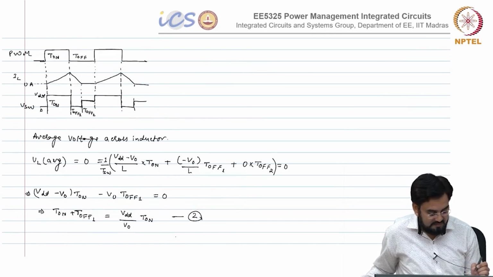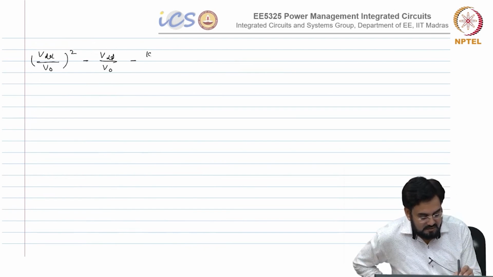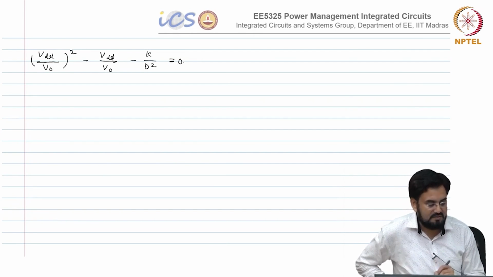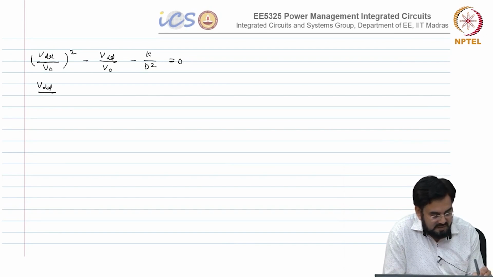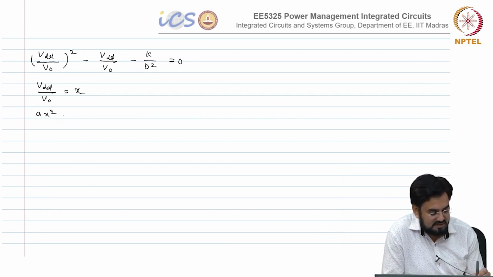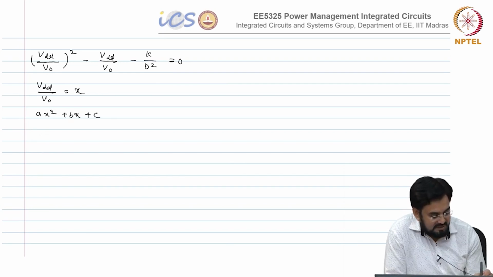So it is nothing but, with VDD over V out equal to x, x square plus bx plus c. So what will be the roots?